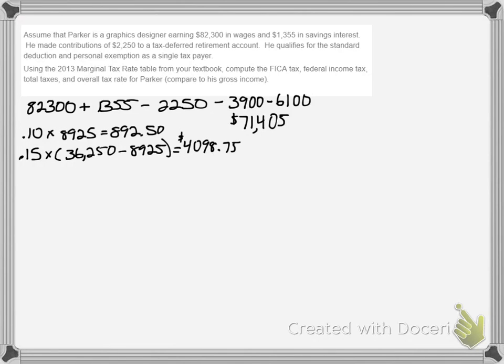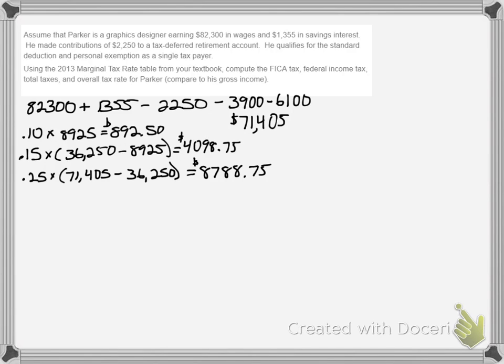That gives us $4,098.75. And then the rest of it, all the way up to $87,850, but he doesn't have that much, is taxed at 25%. That will be his total taxable income minus $36,250, because everything in between is taxed at 25%. So 71,405 minus 36,250, and then times 25%, we get 8,788.75.